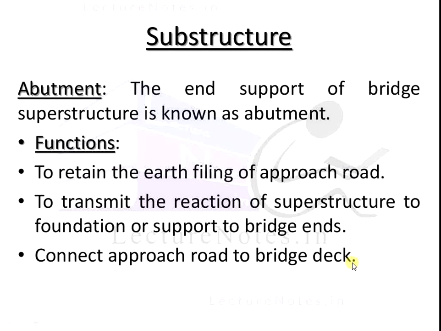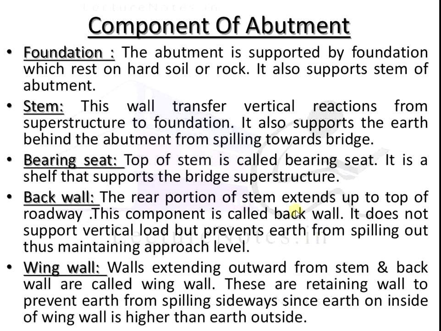This is the main function of the abutment. Then we will see the various components of the abutment one by one: the first is foundation, next stem, next bearing seat, next back wall, and the last one is the wing wall.